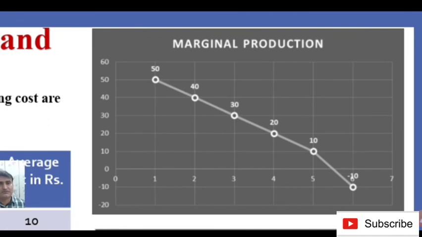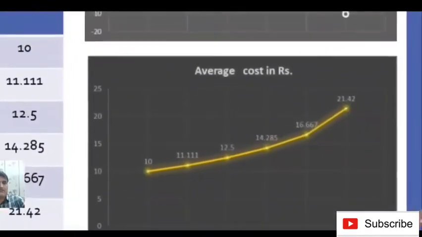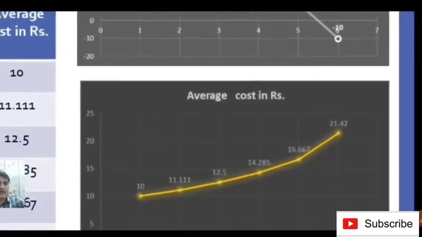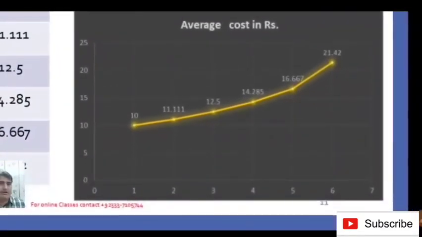Marginal production starts to decline. Here, by employing the first unit of labor and capital, the average cost is 10, then 11.11, 12.5, 14.285, 16.667, 21.42. So it means that the average cost starts to rise as we increase the number of doses of labor and capital, because the land has now been fully utilized, and applying additional doses of labor does not produce increased output.